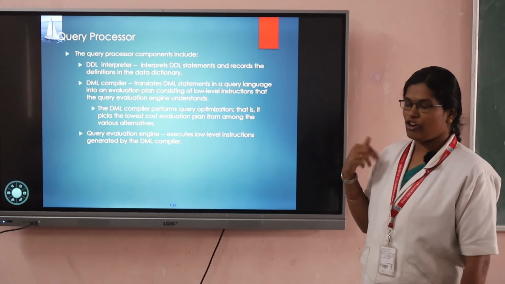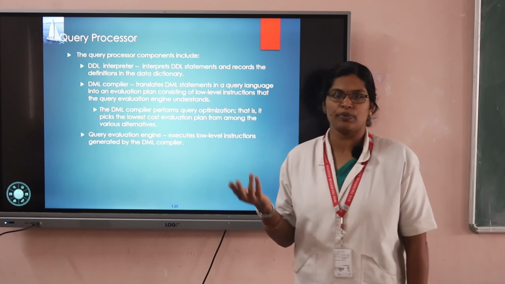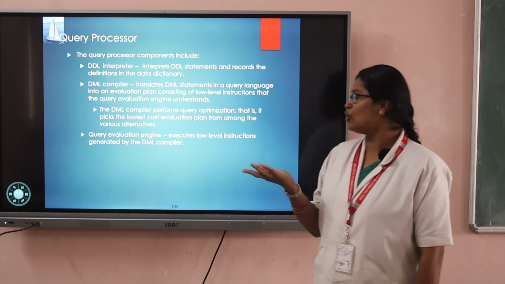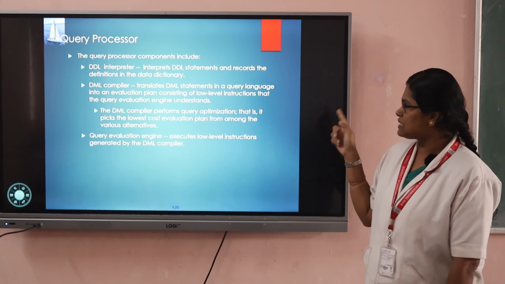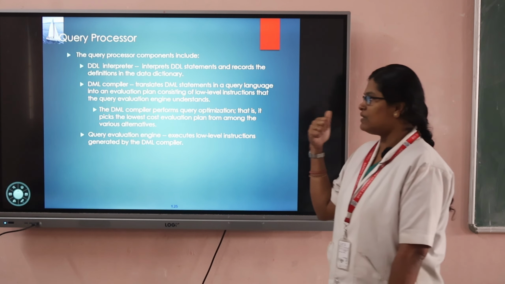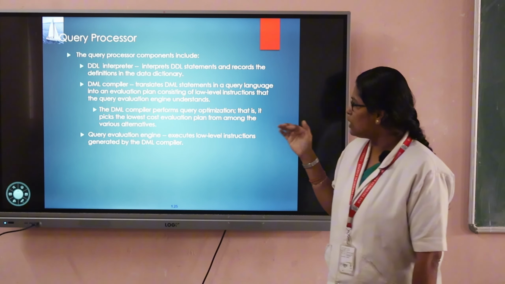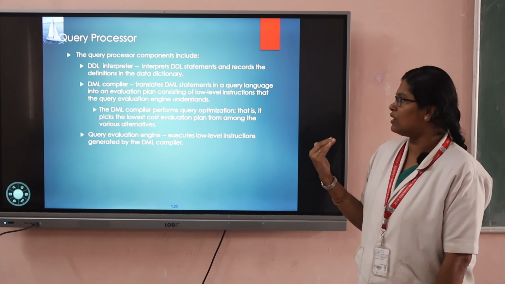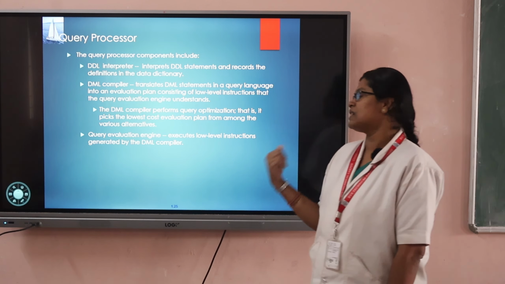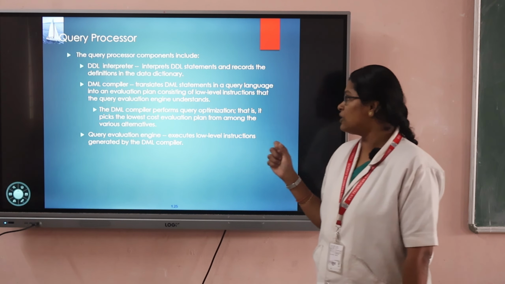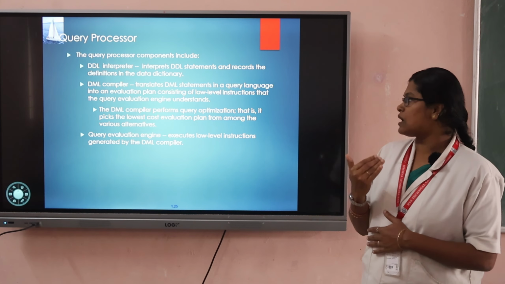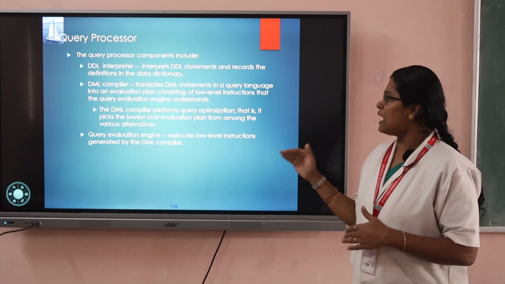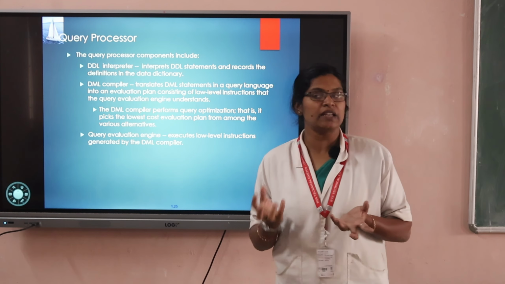Then for that we are using relational algebra components. The DML compiler translates DML statements in a query language into an evaluation plan consisting of low-level instructions that the query evaluation engine understands. The DML compiler performs query optimization, that is, it picks the lowest cost evaluation plan from among the various alternatives.